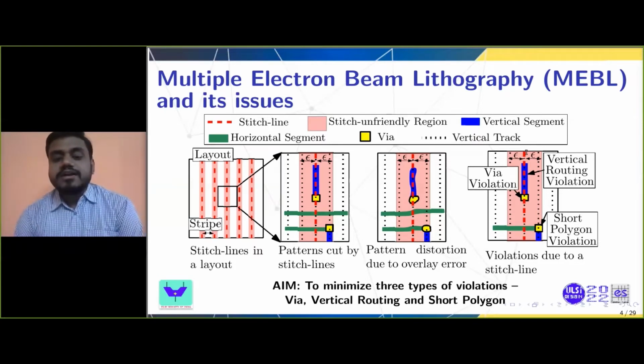Here, via and vertical routing violations are considered hard constraints as they always produce severe pattern distortion. However, the short polygon violation does not always cause severe distortion, hence it is considered a soft constraint. Hence, the aim is to minimize these three types of violations.